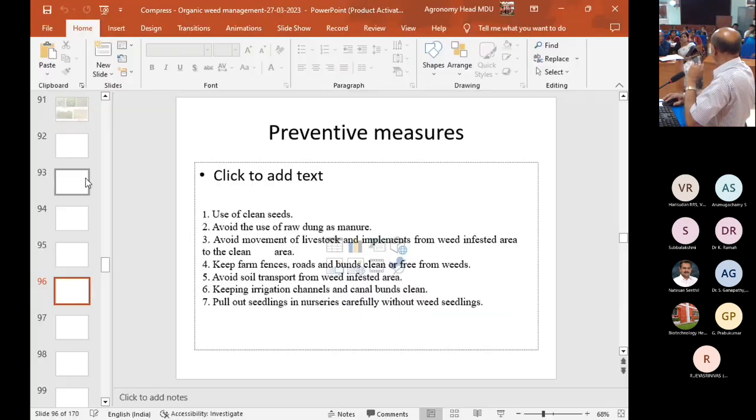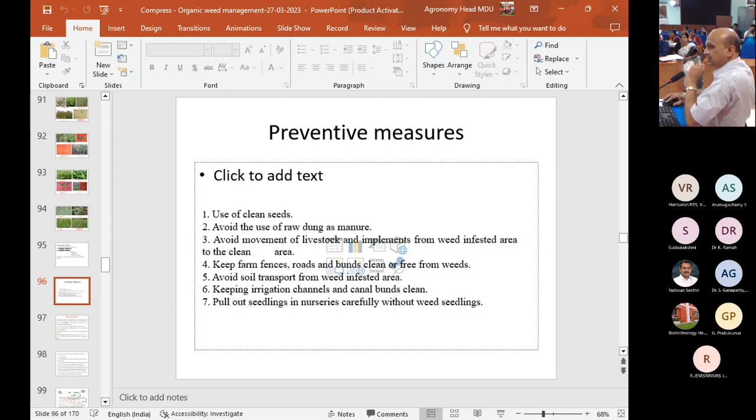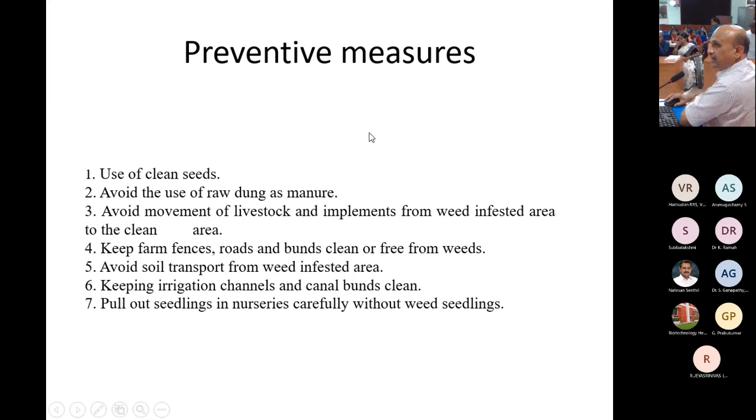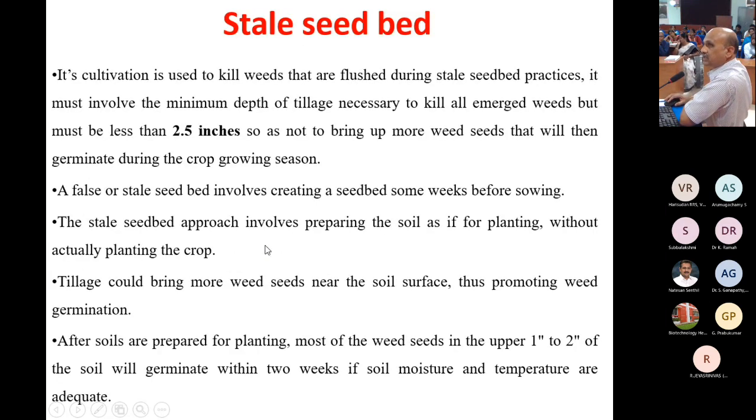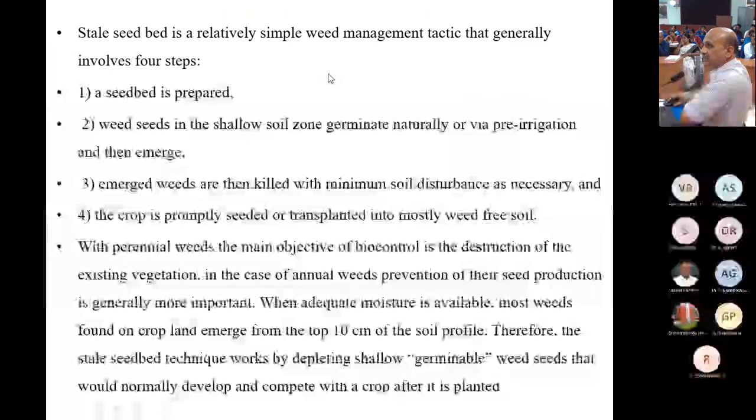Stale seed bed preparation means, well before sowing operation, give one irrigation and allow the weeds to flush. Soon after that, we have to go for some blind hoeing. Blind hoeing is most important in order to kill the weeds before sowing or planting of plants. So this is stale seed bed preparation.